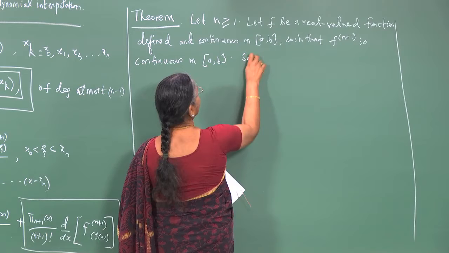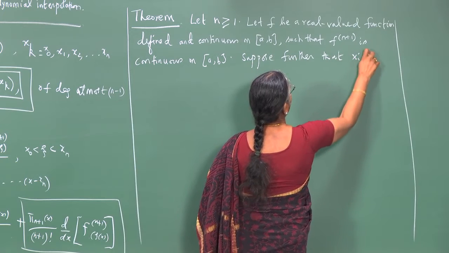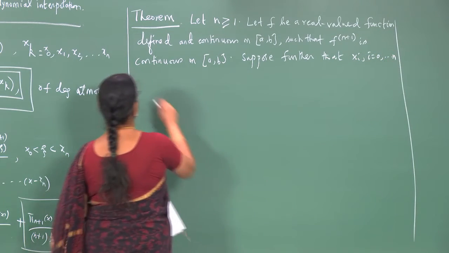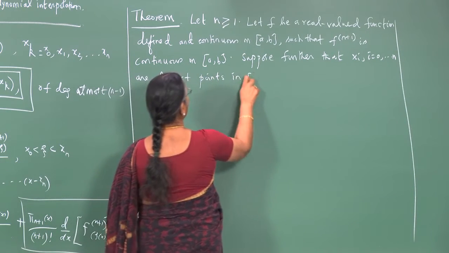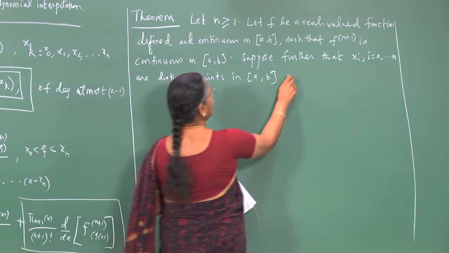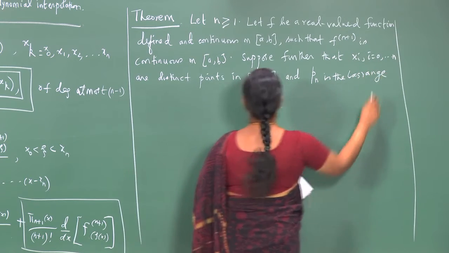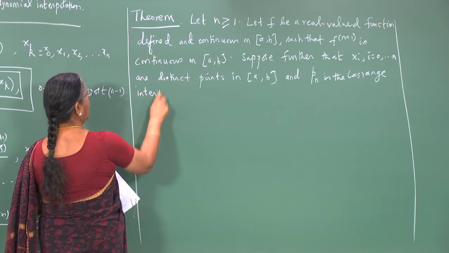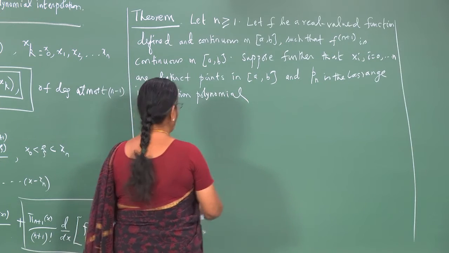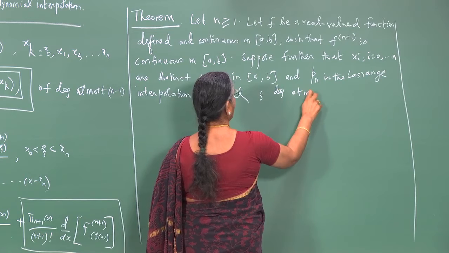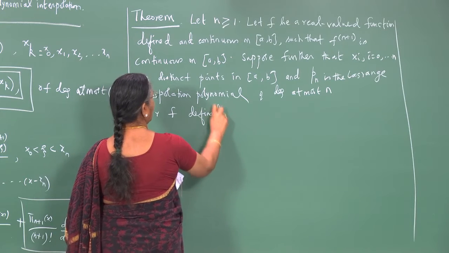And suppose further that xi for i equal to 0, 1, 2, 3, etc. up to n are distinct points in the interval a b, and that pn is the Lagrange interpolation polynomial of degree at most n for f defined by these points.